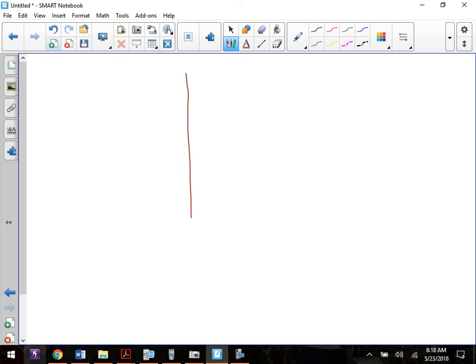So if terminal side of theta lies upon here, so if the cosine... I'm going to come up from theta, so we went negative 2 root 3.